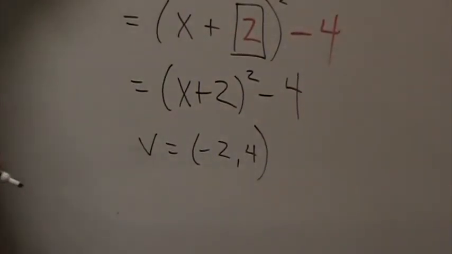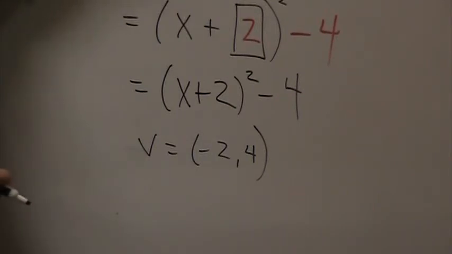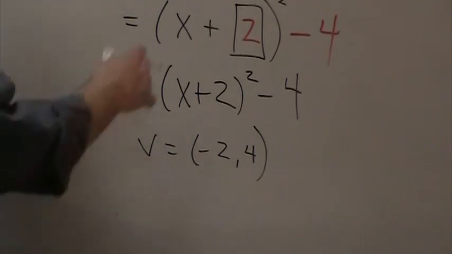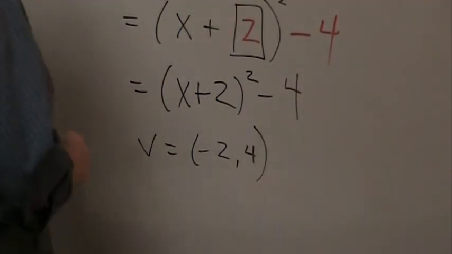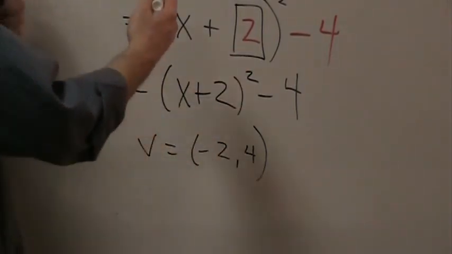So here's the standard form of a parabola, and here's the vertex form of a parabola. In both cases, you're able to find the vertex. You can find minimums, you can find maximums, you're able to find the vertex, the axis of symmetry, all of those things.